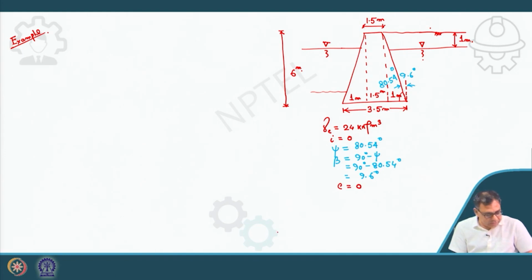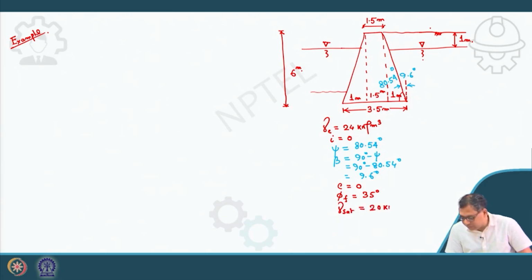There is no cohesion in the backfill. Now phi value in the fill is 35 degree. Gamma sat, saturated unit weight, is 20 kilonewton per meter cube. Gamma bulk or gamma dry, that means the unit weight above the water table, is 18 kilonewton per meter cube.